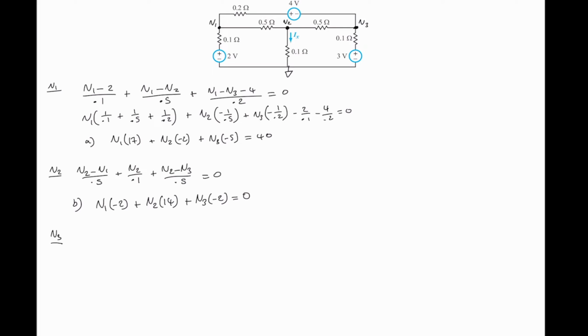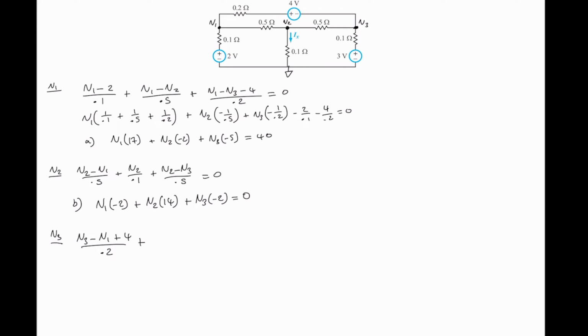We move to terminal 3, applying KCL at that terminal. First, we take V3 with reference to V1, still dealing with the top branch with the 4-volt source. From V3, we're seeing the negative side of the 4-volt source, so V3 minus a negative 4 gives a plus 4, all over 0.2 ohms.